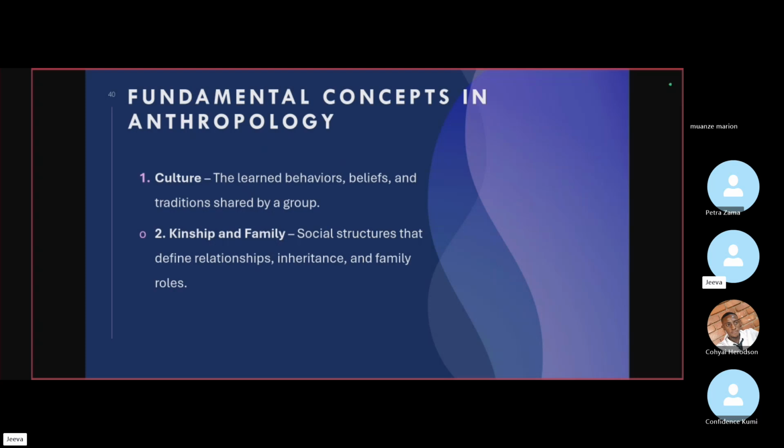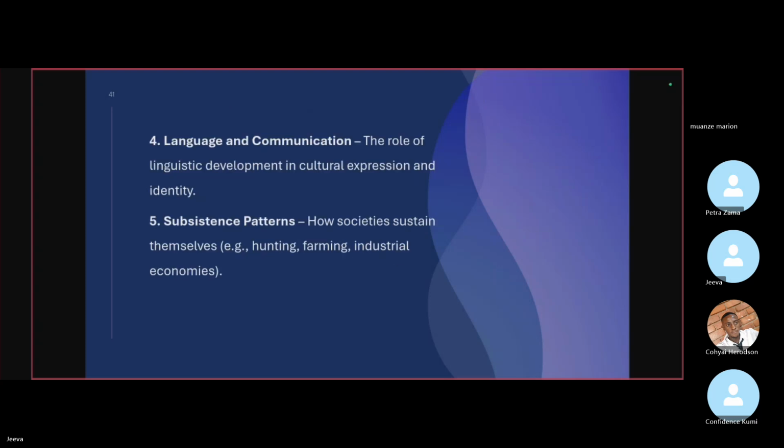Is this clear, the fundamental concepts? Please read it once. I request everyone to read the slide once. Please read the points.